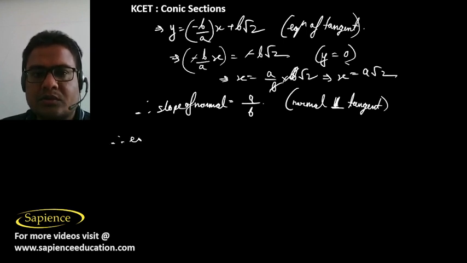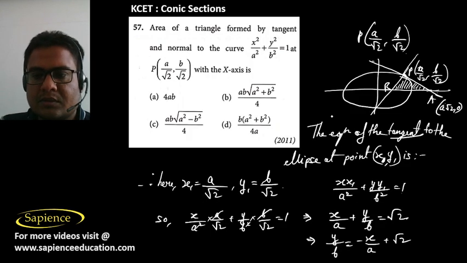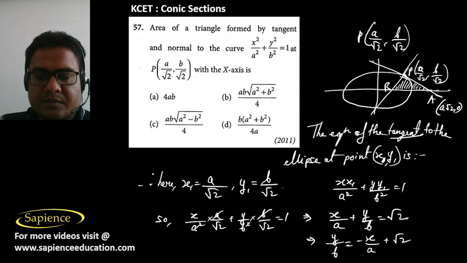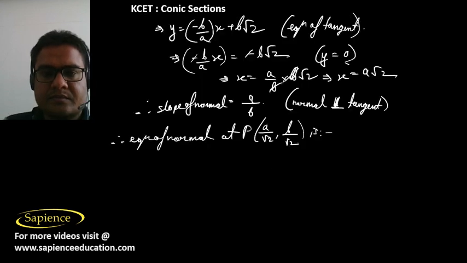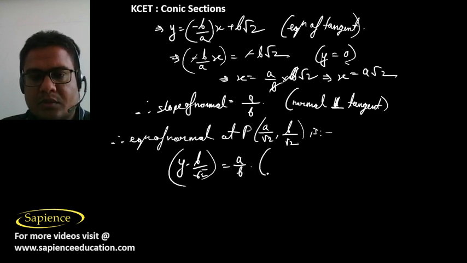So therefore the equation of the normal at the point P, which is a by root 2 comma b by root 2, is given as y minus b by root 2 equal to a by b into x minus a by root 2.